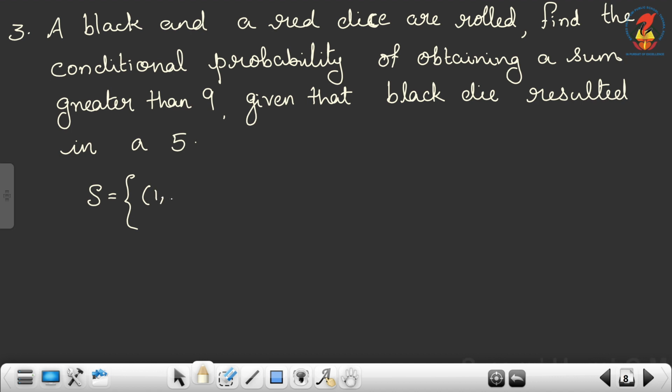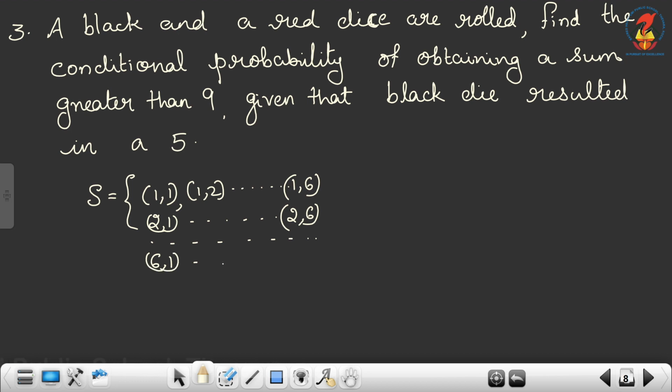It is (1,1), (1,2), like that, (1,3), (1,4), (1,5), (1,6). The next row, (2,1), (2,2), (2,3), up to (2,6), then (3,1), (3,2), (4,1), (4,2), (5,1), (5,2). The last one, (6,1), (6,2), etc., (6,6). This is the sample space. Okay, the first indicates the black die, the second the red.